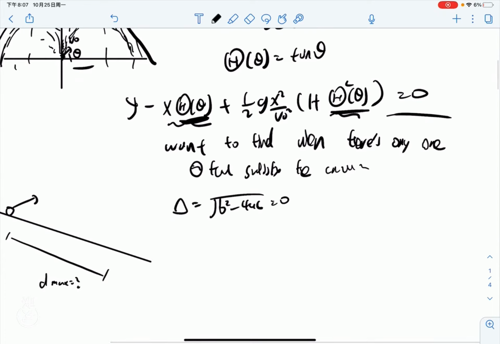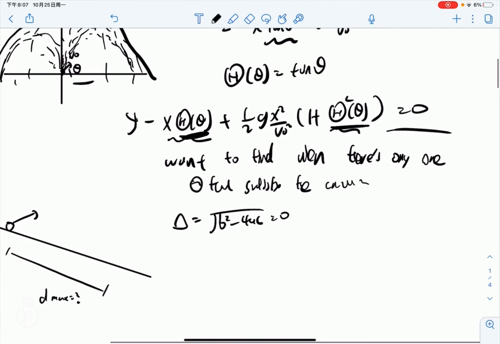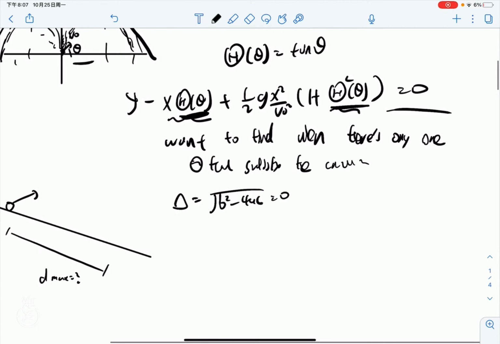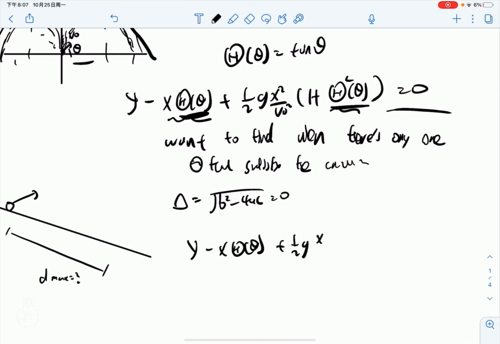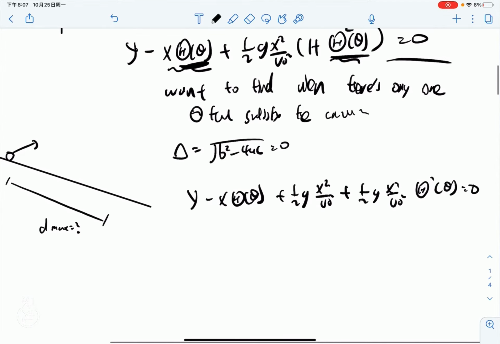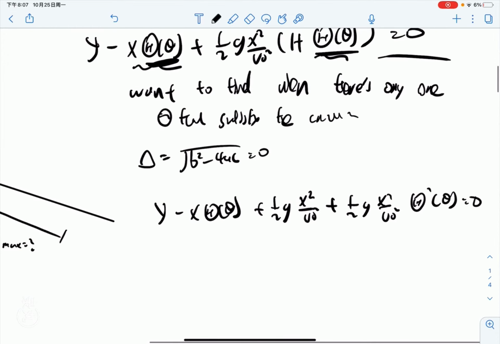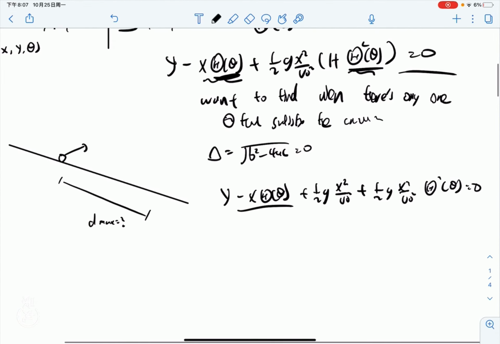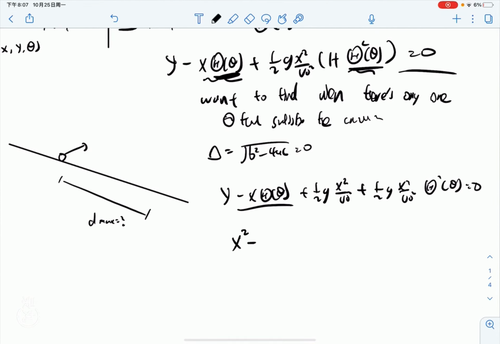So let me write it out and expand it more. g x squared over 2 v0 squared tangent squared theta minus x tangent theta plus y plus g x squared over 2 v0 squared is equal to 0. Where's b? Here is b, b squared is x squared, minus 4a.